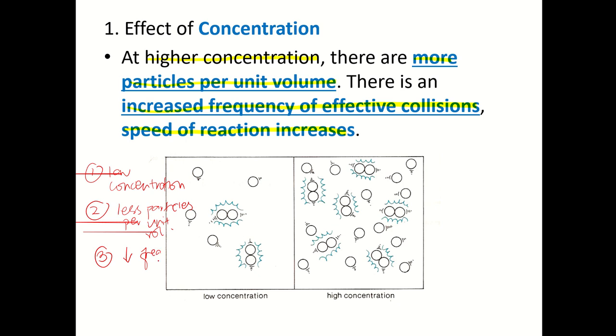So there's a decrease in the frequency of effective collision. And 4th, what happens to speed of reaction? So there's a decrease in the speed of reaction. So you follow 4 steps to answer this question.